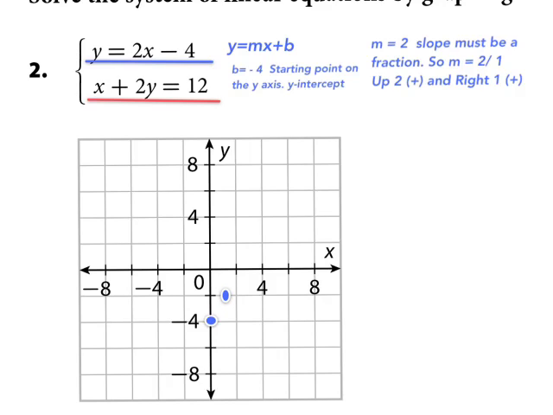Goes there, and we will do the slope one more time. So we will start here, move up 2 again, and to the right 1.